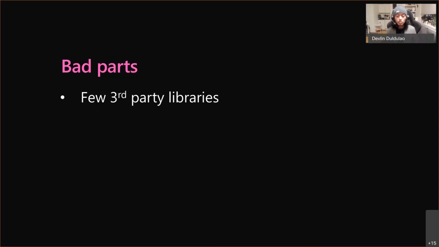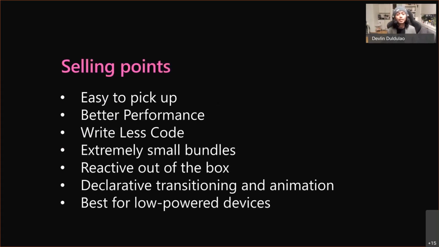You can start introducing Svelte to your boss or to your managers, and these are what you need to enumerate when talking to them. Selling points: easy to pick up, better performance, write less code, extremely small bundles, reactive out of the box, as you can see in my demo, declarative transitioning and animation. Unfortunately, we didn't have enough time for that.